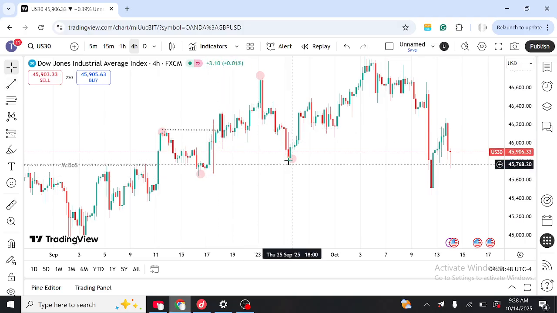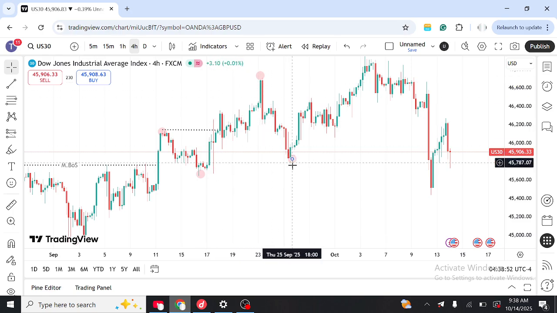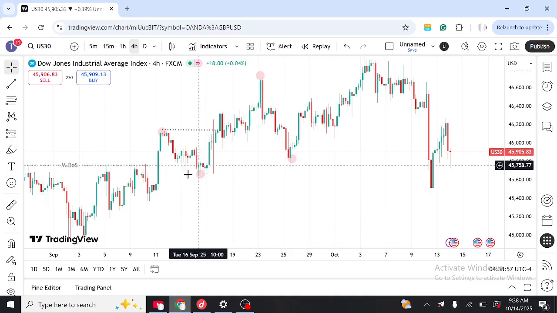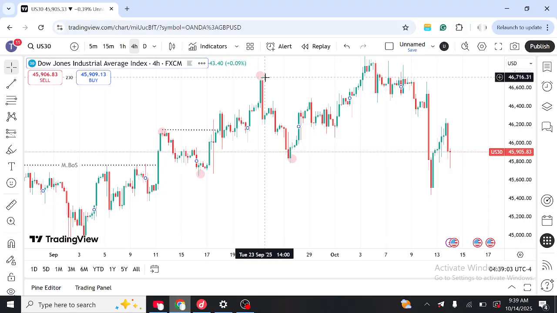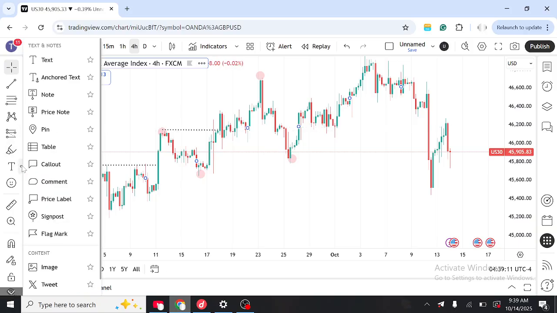And what happened when it broke it to the upside? When price was coming back into it, you can see how price reacted, because the people that pushed the price from this point to this point made sure that they protect this price level.